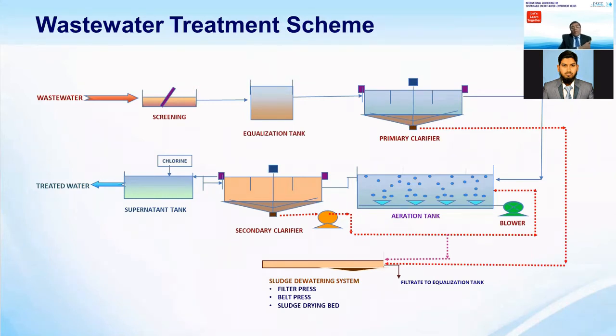If you have a continuous stream of wastewater with the same characteristics all the time, then you can reduce it to 2-3 hours. It will reduce your civil cost.